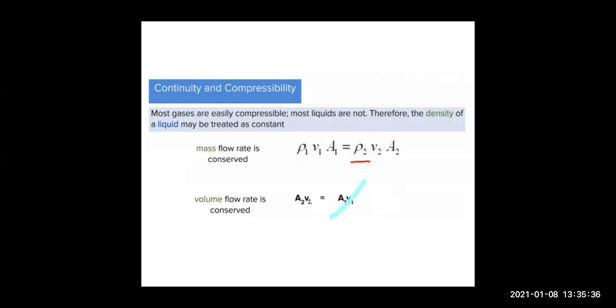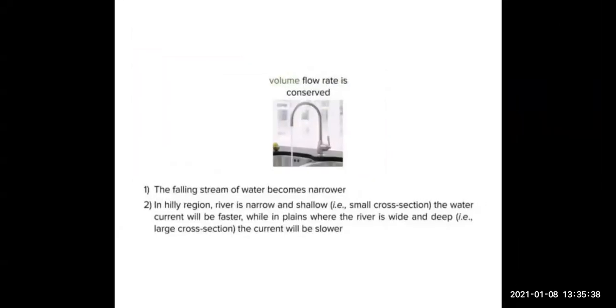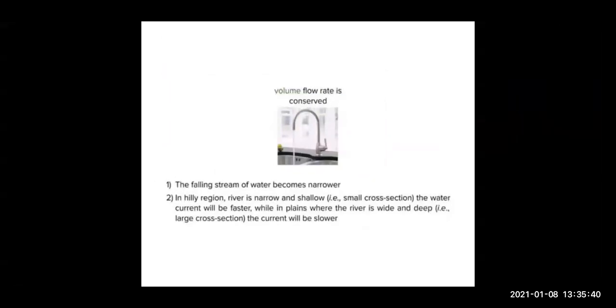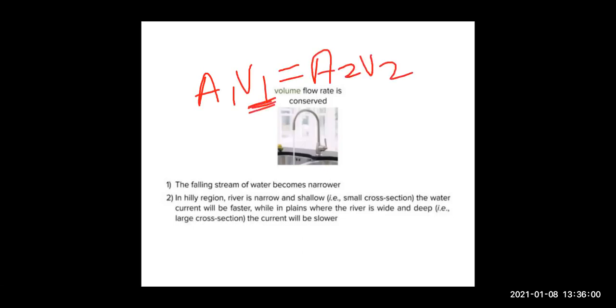This is it. Okay, children, you might have noticed when you turn on the tap, as the water stream flows down, it becomes narrower. Why does it become narrower? Because it follows the equation of continuity, that is A1 V1 equals A2 V2. Initially the velocity of the water is less.